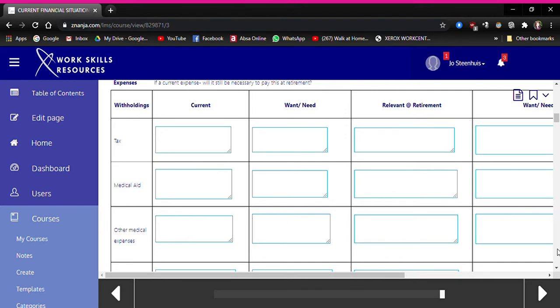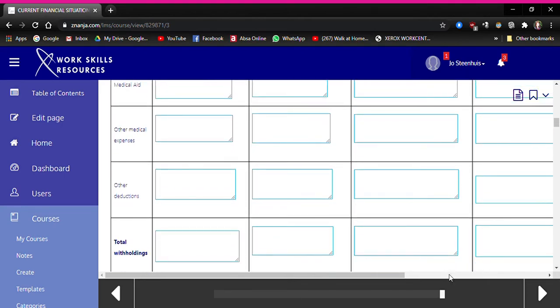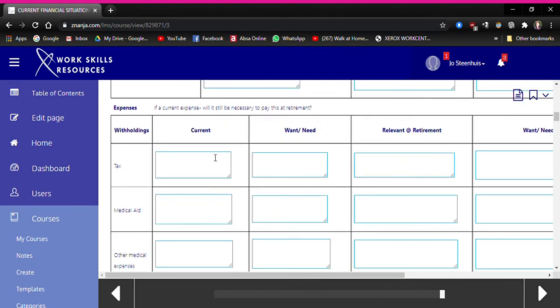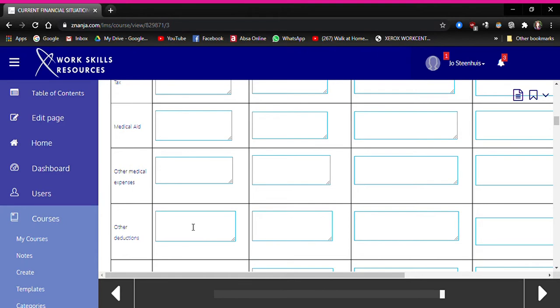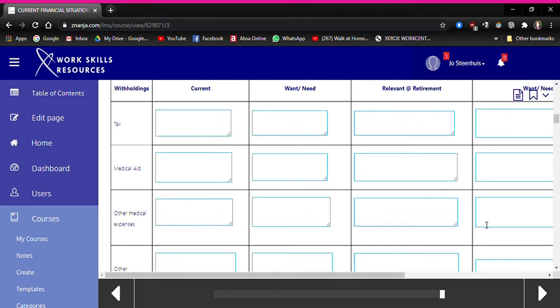Right. Then we are going down to any other deductions that you know of. In terms of current, if you do have an other deduction, is it a want or is it a need? Remember, it's something that's taken from you. Relevant at retirement, well, I have other deductions.